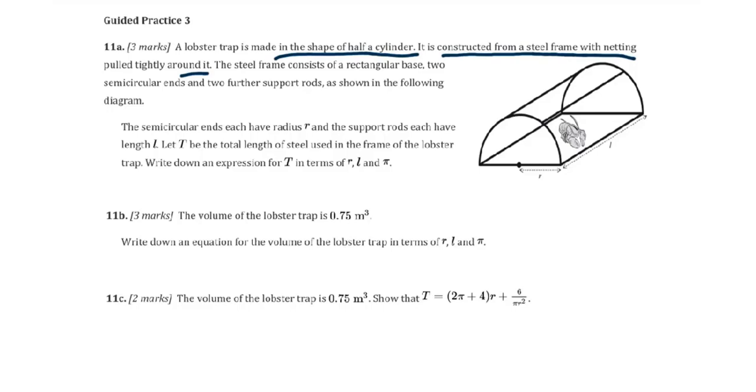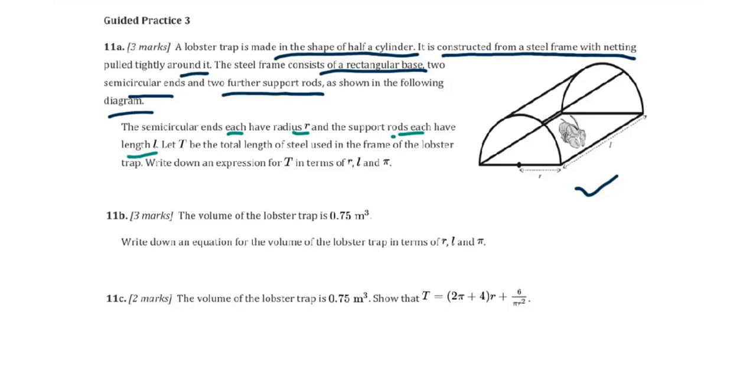The steel frame consists of a rectangular base, 2 semicircular ends, and 2 further support rods as shown in the following diagram here. The semicircular ends each have a radius r, and the support rods each have length L.